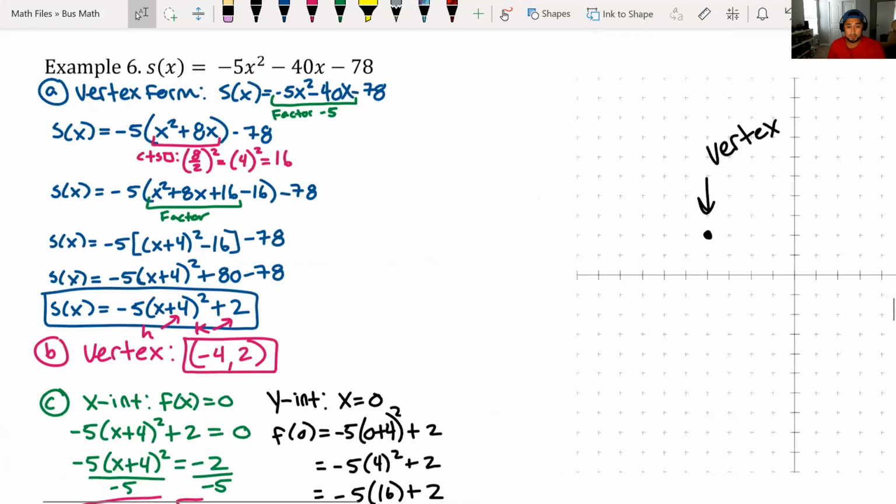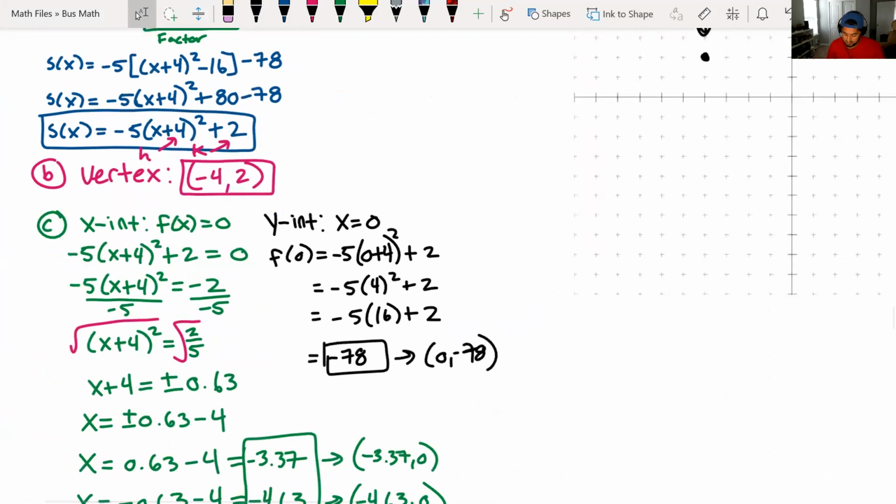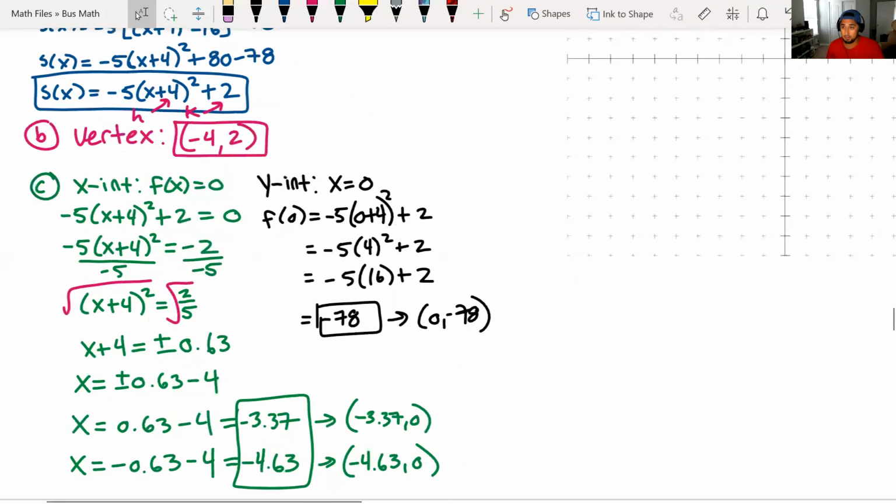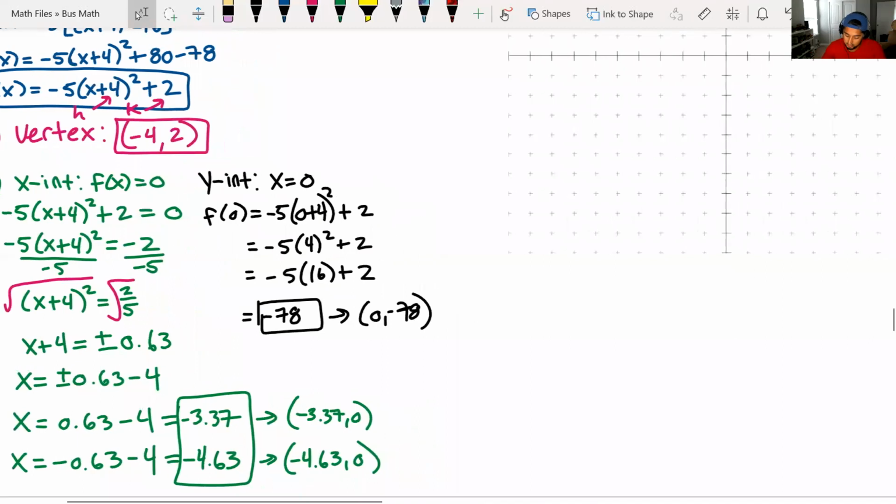My x-intercepts, we're at negative 3.37. So hang on. Negative 1, 2, 3. Negative 3, negative 4, negative 5. Okay. So at negative 3.37, I'd put it somewhere around here.